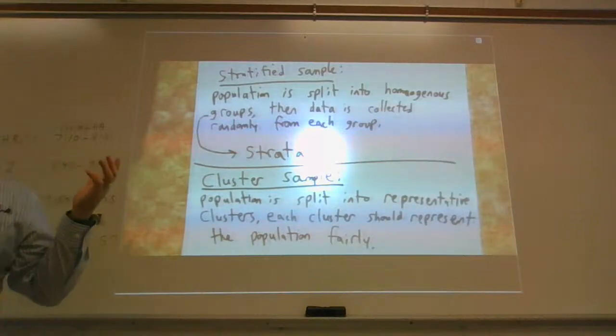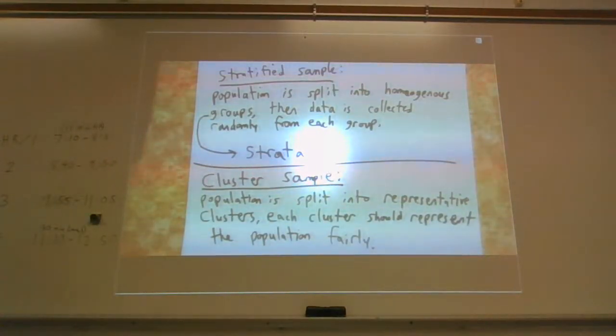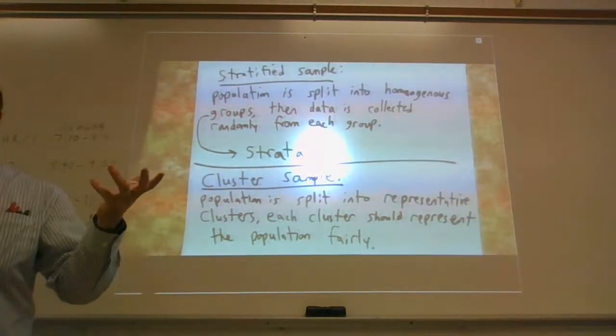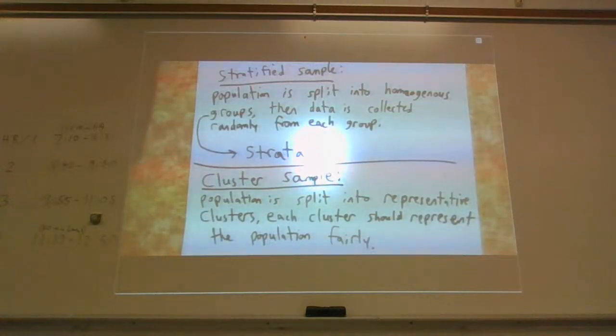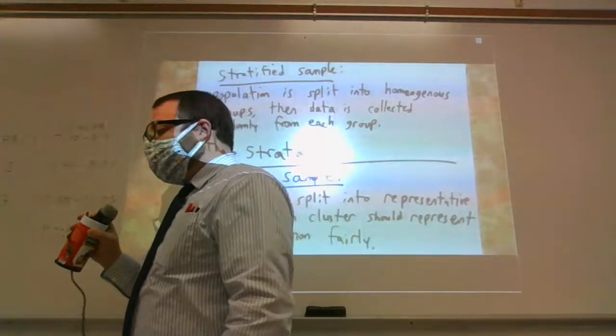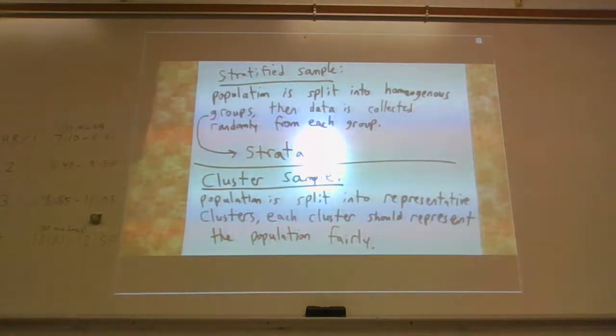A better way of cluster sampling Barnegat High School, if we did have people in the cafeteria eating lunch, maybe I'd go to one of the three lunch periods from last year. And then I say, okay, all the students in front of me, you are the cluster. And that could be a good representation of Barnegat High School. Now, we do have some issues, because if I go to a lunch period where maybe I'm missing all of the vocational students, or maybe all the seniors went out into the courtyard, that's a weird situation.